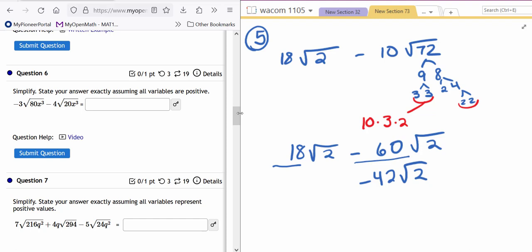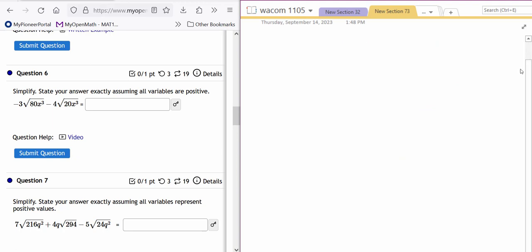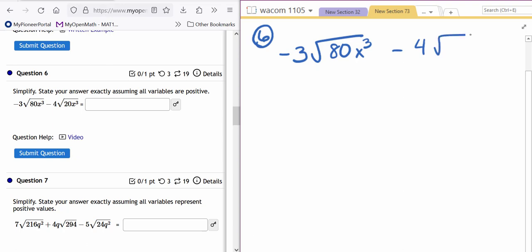All right, we'll do 6 and we're going to skip 7. So 6. Negative 3 times, these are square roots. All right, 80. So I would start with 8 times 10. And there you have a 2 and a 4 and a 2 and a 5. And the 4 will keep breaking.